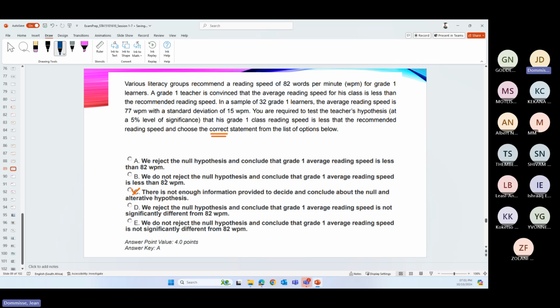So let's quickly see when we work this out, it is probably what we want. So here one can see when we work it out, it's going to be we reject the null hypothesis.